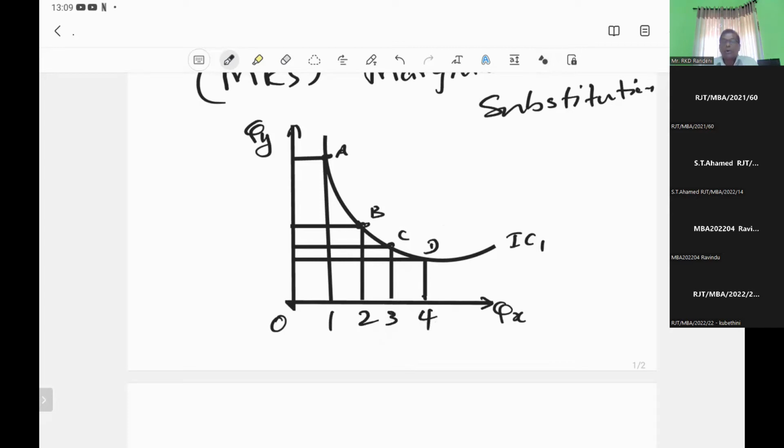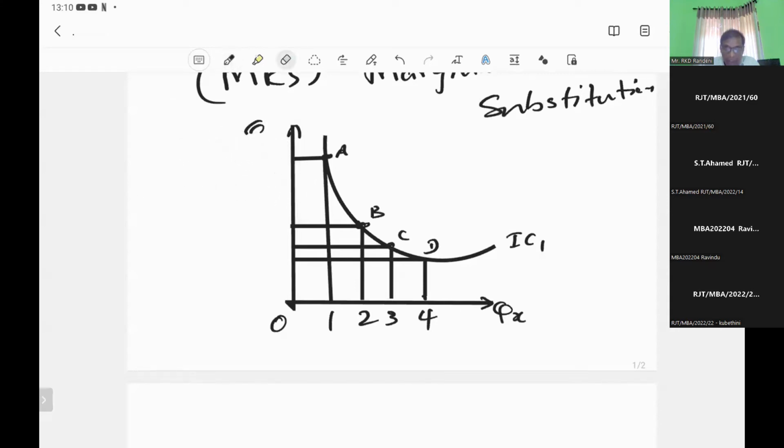Now, according to the vertical axis, we will put 12, 13, 14, right? Here 14.